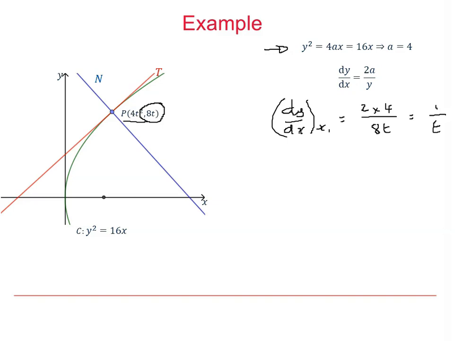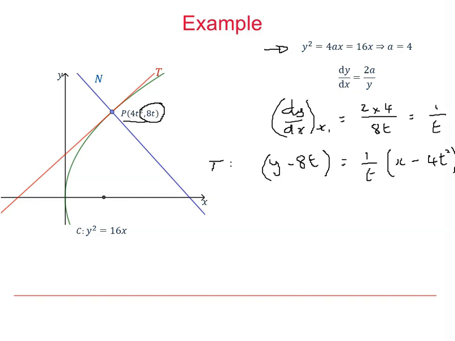Once we've got that, then it's straightforward to say that the equation of the tangent is given by y minus y1, so that's y minus 8t, is equal to the gradient 1 over t multiplied by x minus x1, which is 4t squared.